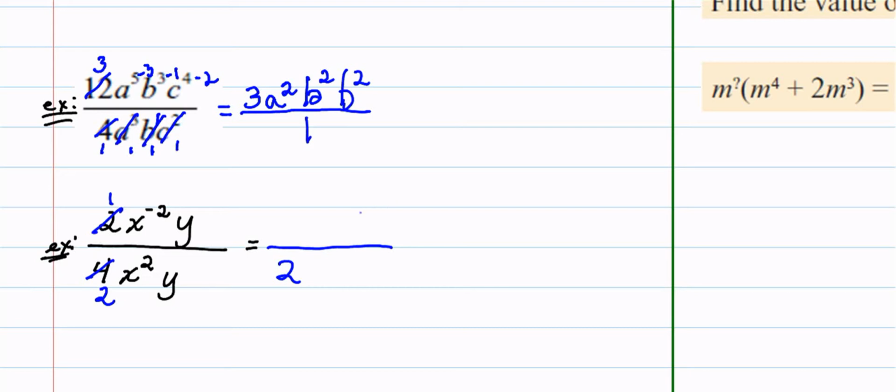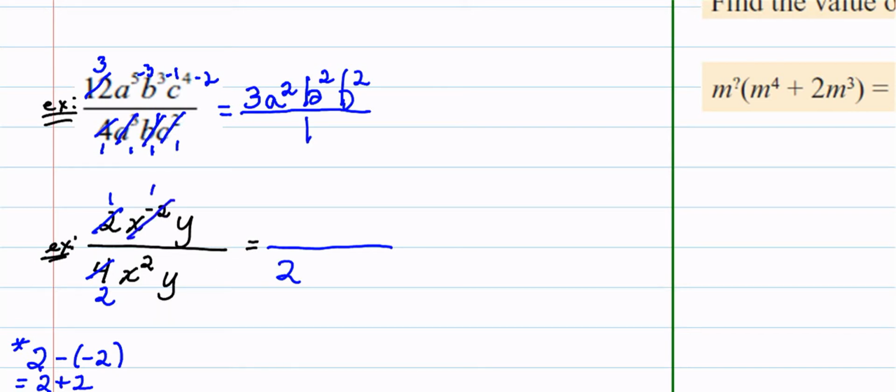Careful here, though. You have a negative 2 that's going to get subtracted from positive 2. So you're going to have as your exponent 2 minus a negative 2, which is basically 2 plus 2. I just want to remind you of that.